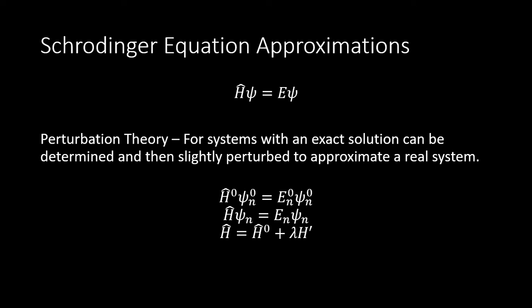And this essentially is just taking our solvable system, which is psi naught, applying the Hamiltonian and getting an exact energy solution, which we can then take a slight perturbation, an additional energy to approximate a closely similar system, or similar in energy, to get psi.